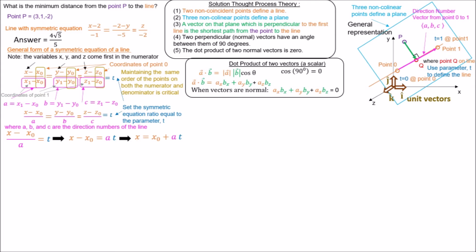If I do the simple algebra, I can multiply both sides by A, which gets rid of the ratio on the left and has A times t on the right, and then add x0 to both sides of the equation. So now I end up with x equals the x coordinate of P0 plus the x direction number, which is A, times the parameter t.